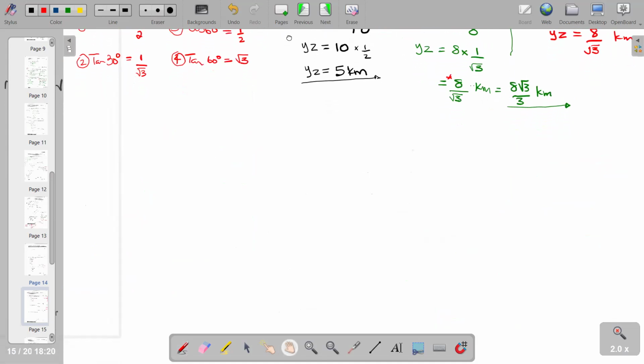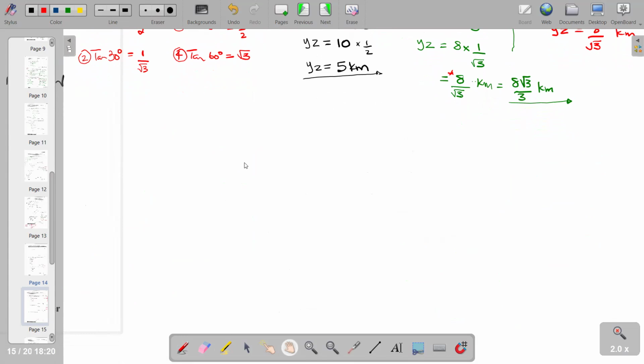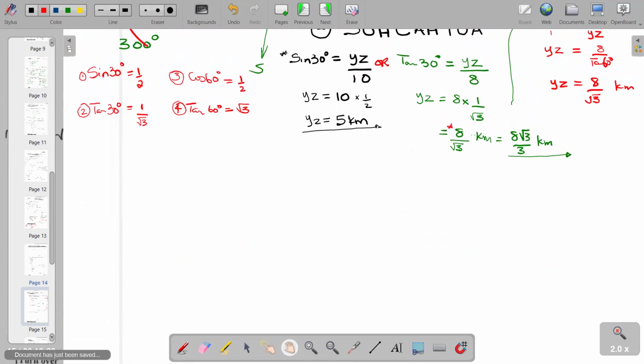Remember we are still using our triangle. This is the triangle that we are still using. Here we found 10, here we found 8.